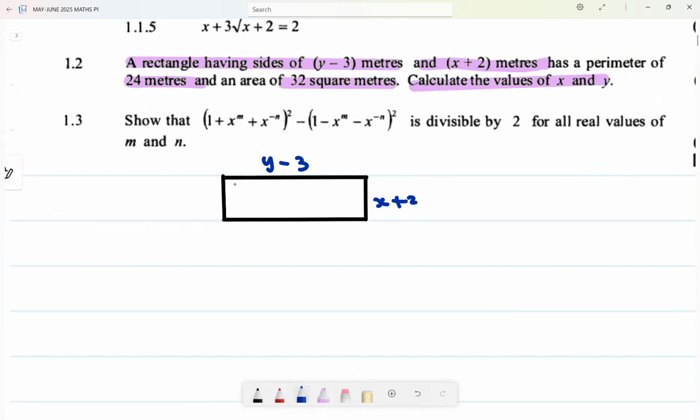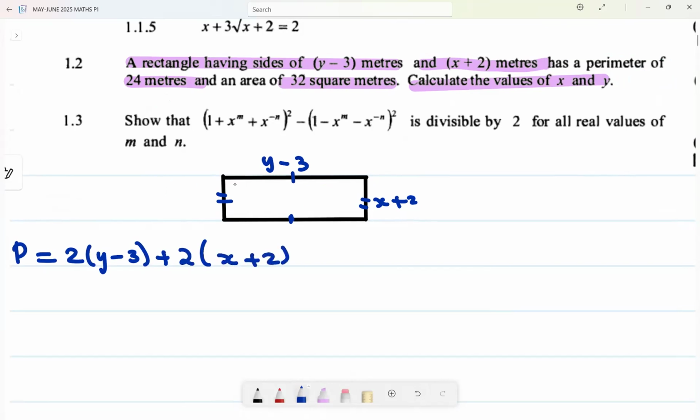Ask yourself, what is the perimeter? The perimeter is the total length of the sides. Do you agree that this side and this side are equal, and this side and this side are equal? So the perimeter is going to be 2 times the length, which is y minus 3, plus 2 times the breadth, x plus 2.